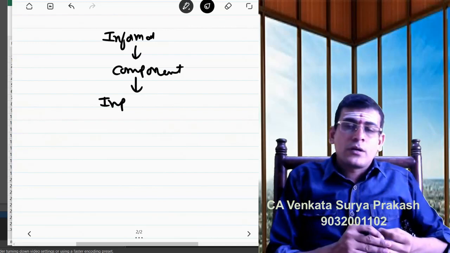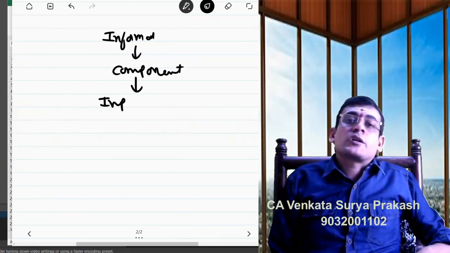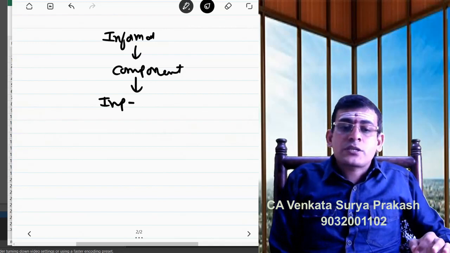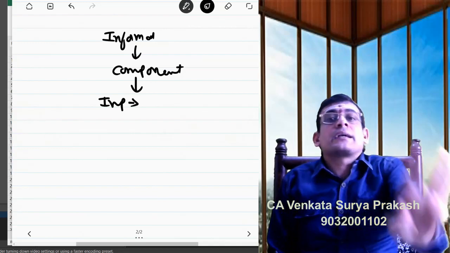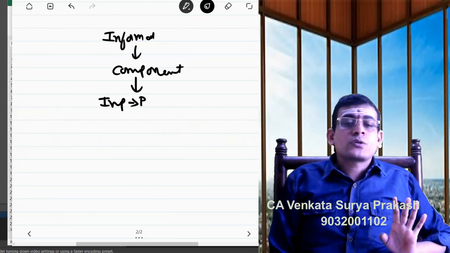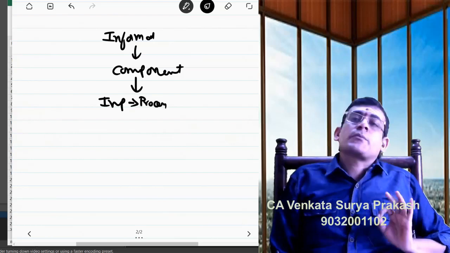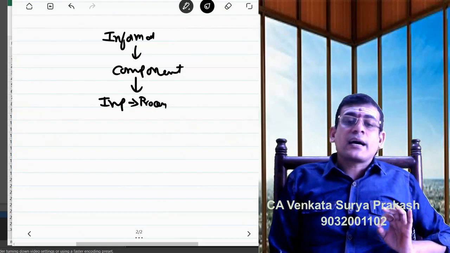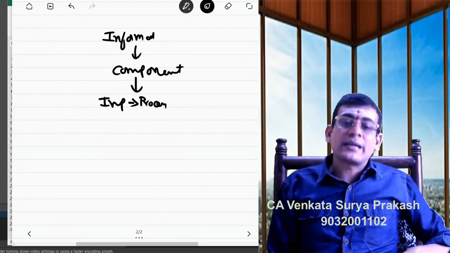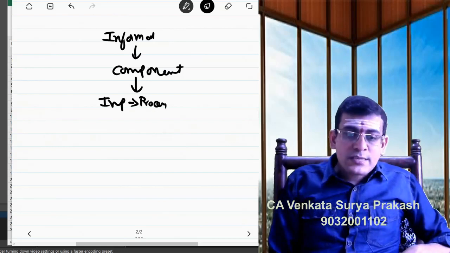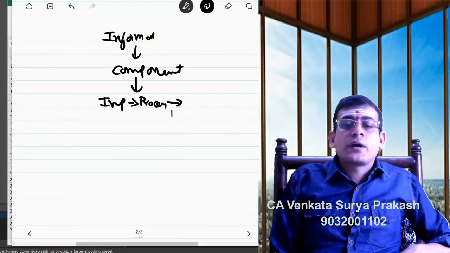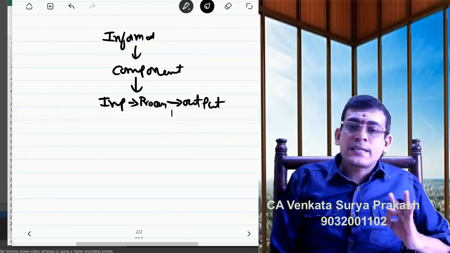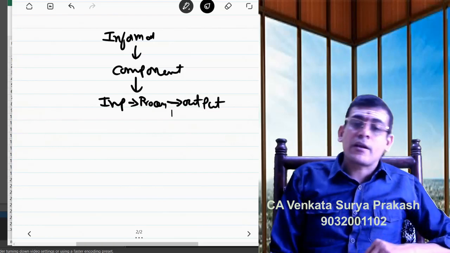Say there is a keyboard, and I am inputting some information. Once the information is entered, I need to process it. Input is nothing but your data. You are processing your data into information, and that information I need to give as something called my output. That is what we call the components of information.